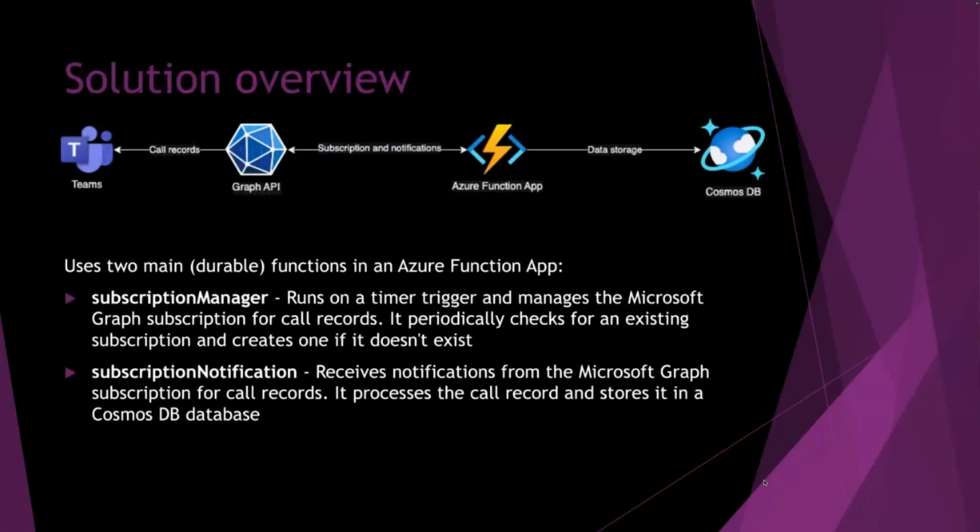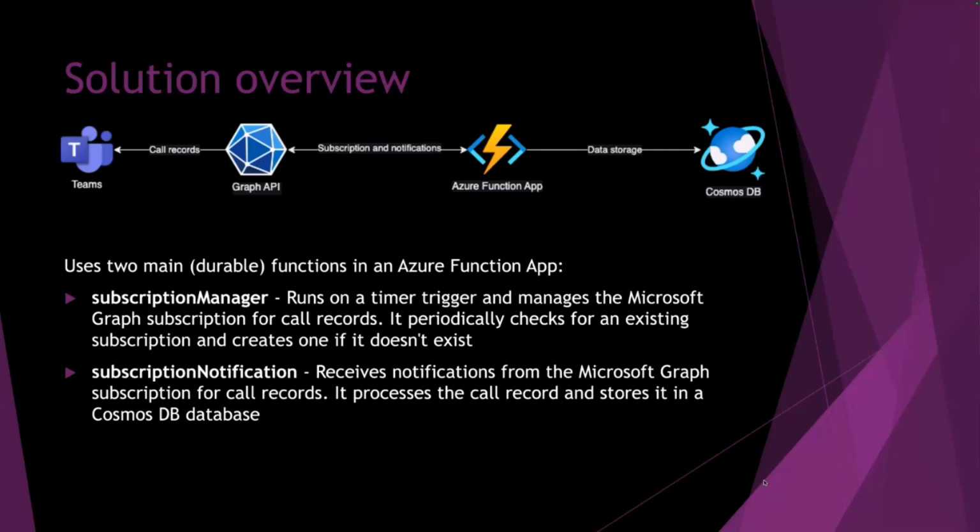So solution overview of what I've got here is we've got Teams on the left. So when people are making calls and joining meetings, they're not completely unaware of what's happening here. Ultimately, a call record gets created. Obviously, that is then accessed through Graph. And then effectively, we're having a conversation between Graph and, in this case, I've got it running in a function app.